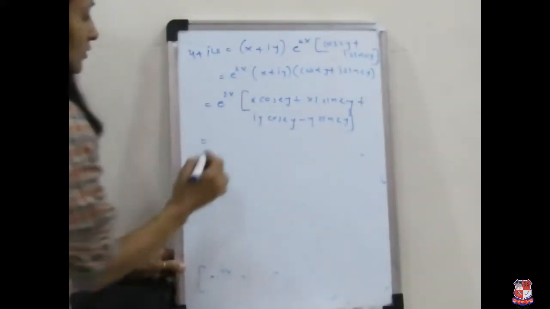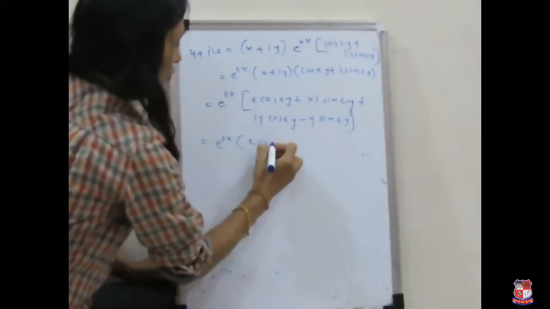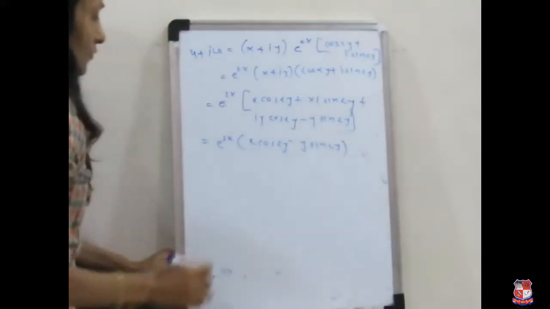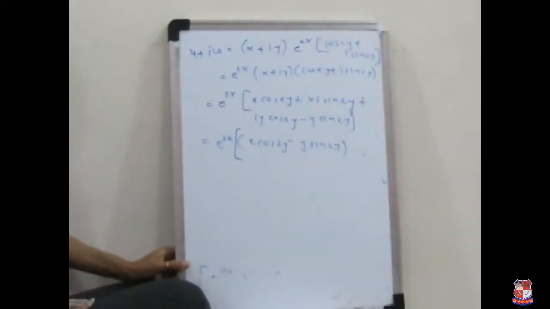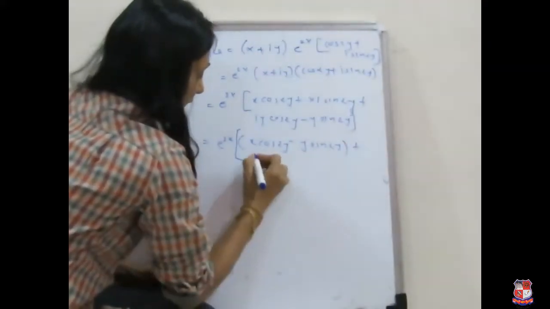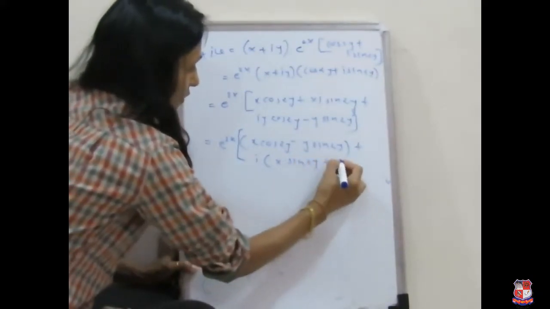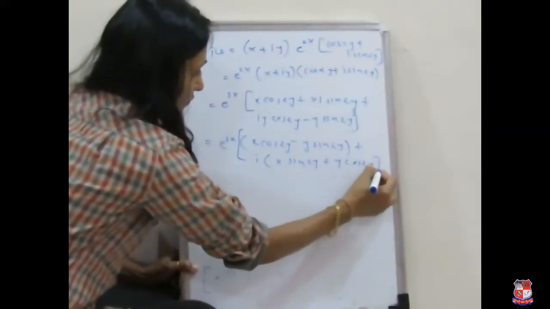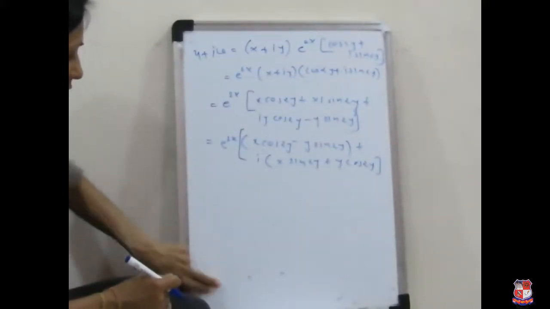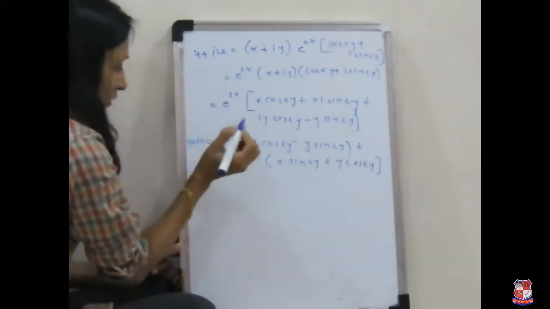This is equal to e raised to 2x, x cos 2y minus y sin 2y, plus i, x sin 2y plus y cos 2y. We differentiate real and imaginary part. Now here u plus iv.